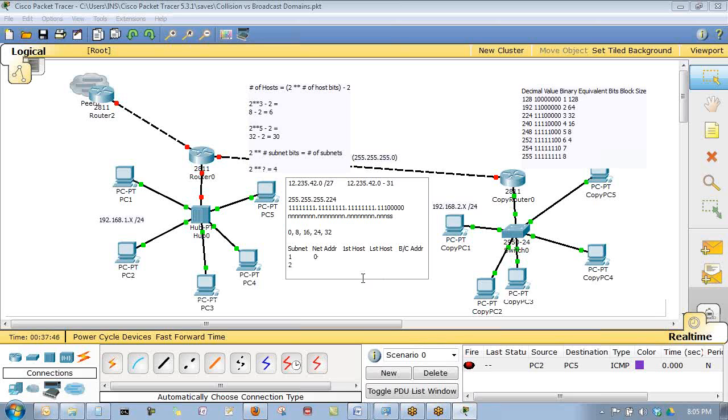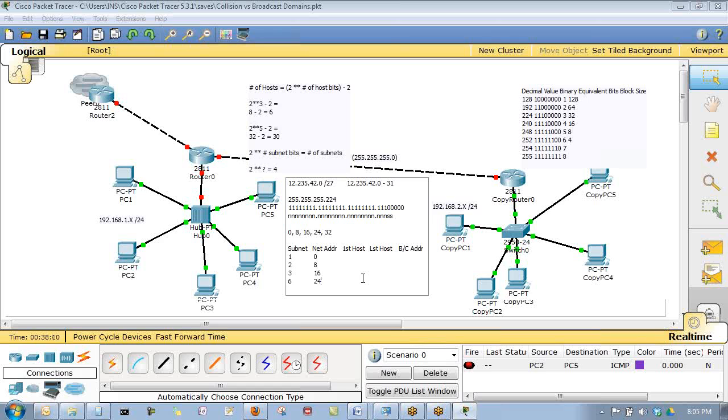My second subnet is going to have a network address of 8. Can anyone tell me what my third subnet network address is going to be? 16. Very good. And then finally, my fourth subnet is going to be 24.